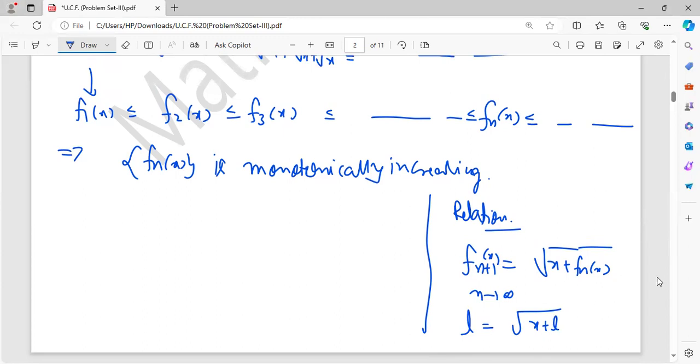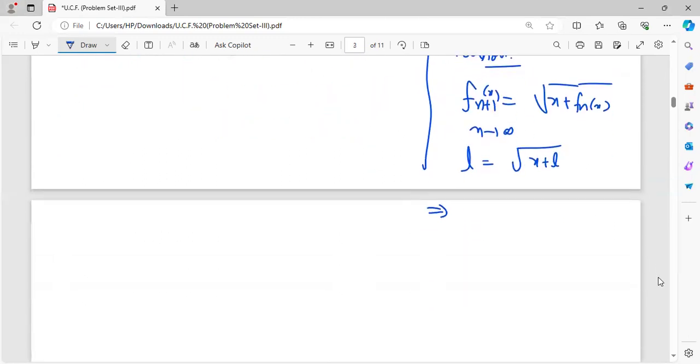What will you get by the Sridharacharya formula? After taking the square on both sides, you will get L squared minus L minus x equals 0. You will get L is equal to (1 plus or minus the square root of (1 plus 4x)) by 2. But because the function is non-negative, the limit cannot be negative.